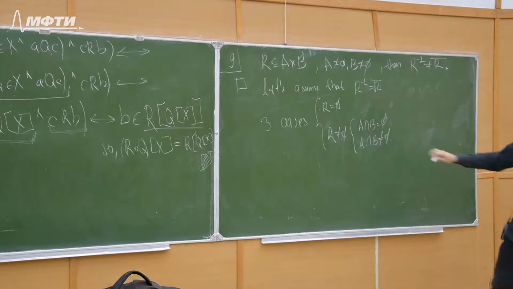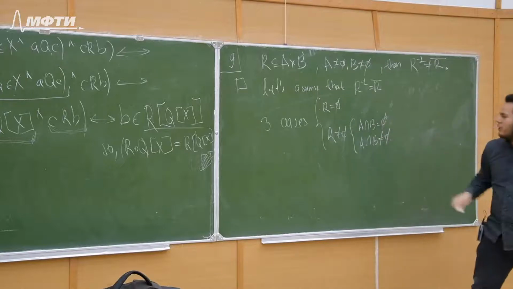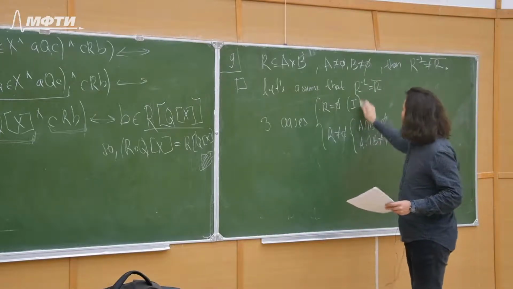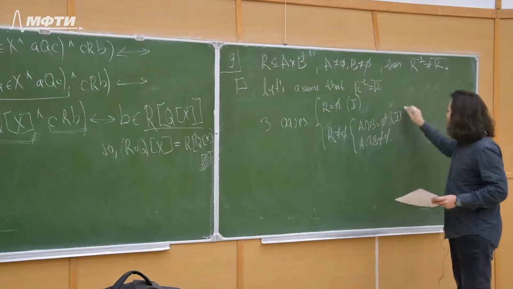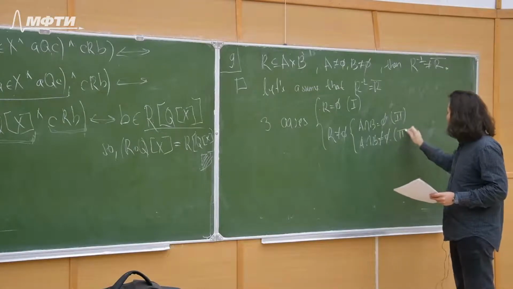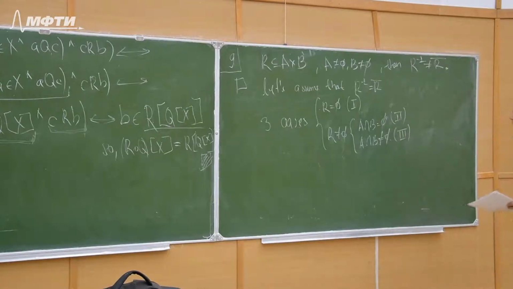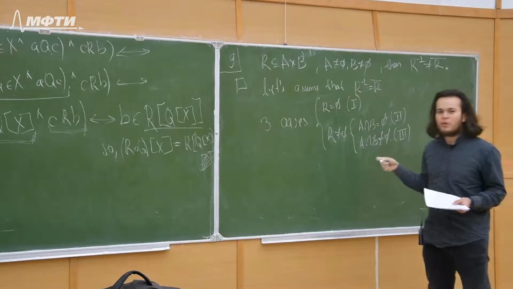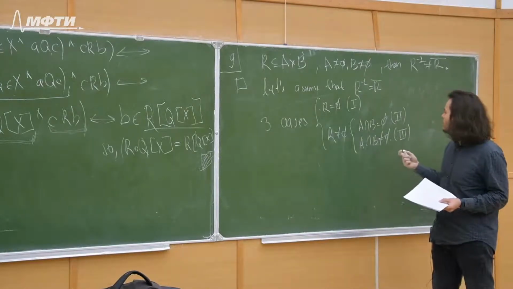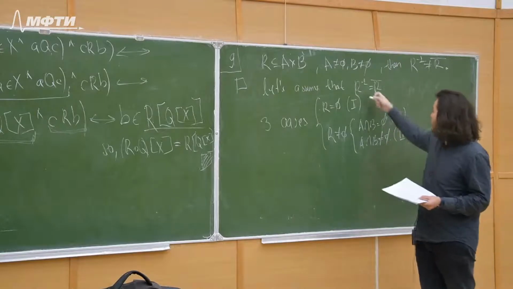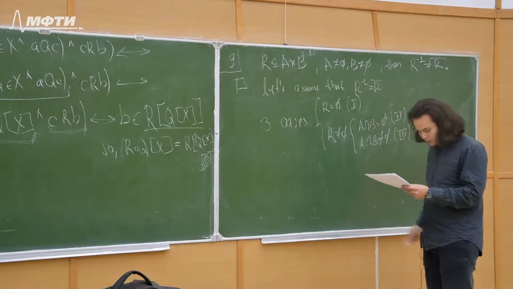So these are cases 1, 2, and 3. We have to prove that in each of these cases we get some contradiction, of course, with this.